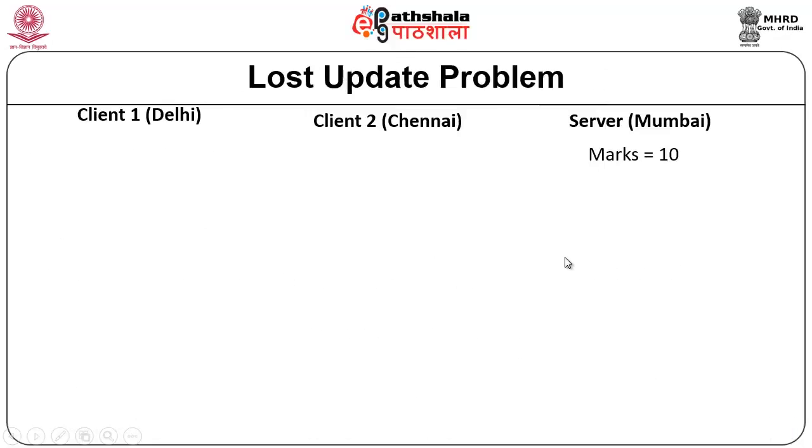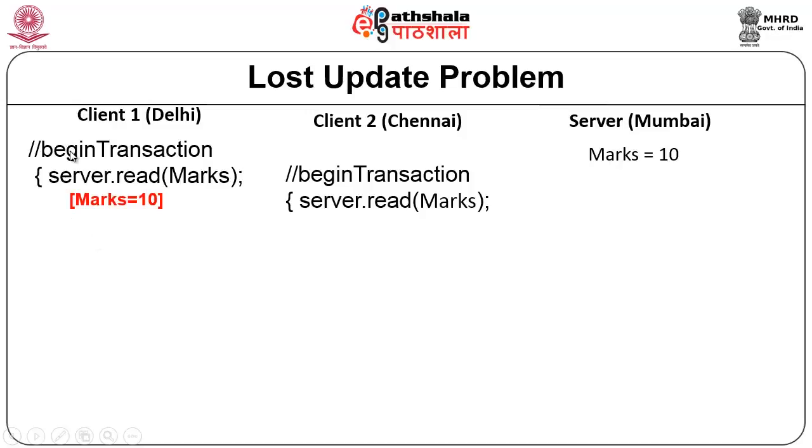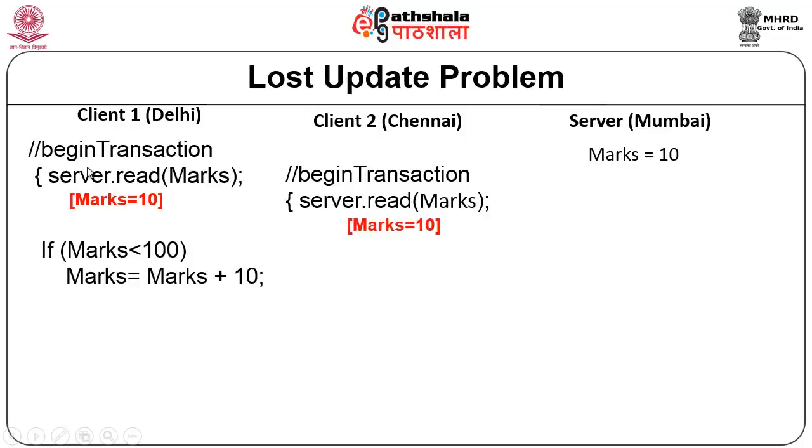Now, a lost update problem happens if they execute like this. Client 1 reads the data, so marks 10 has come, and then client 2 starts concurrently and reads the data, and the value will be 10. Now, client 1 executes its calculations, and its marks on its own machine becomes 20, and it writes back.